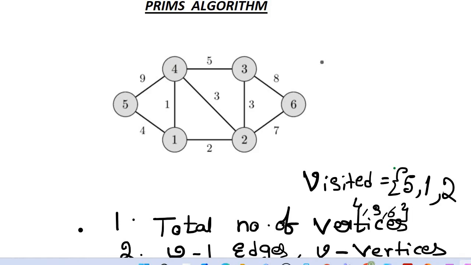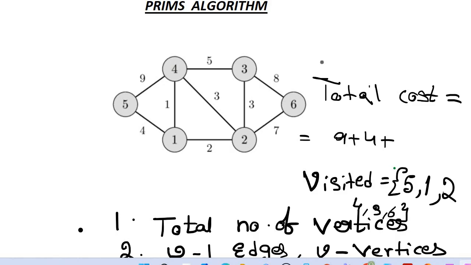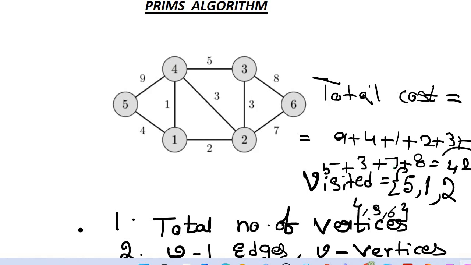Now let us calculate the total cost. It is equal to 9 plus 4 plus 1 plus 2 plus 3 plus 5 plus 3 plus 7 plus 8, which is equal to 42.